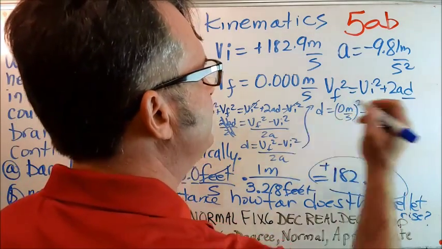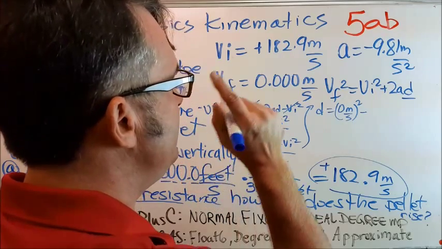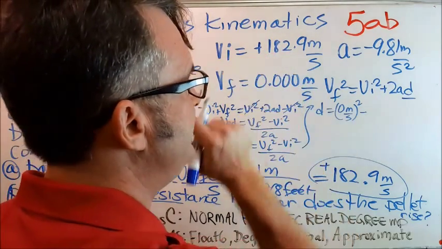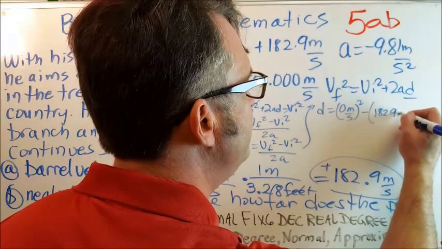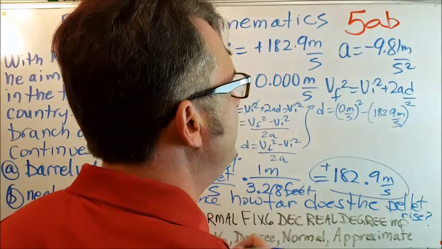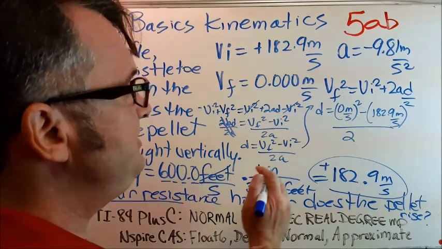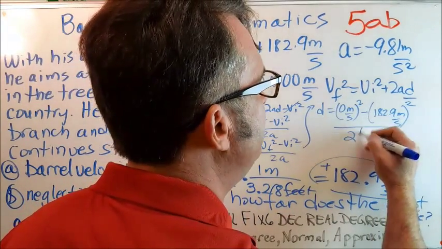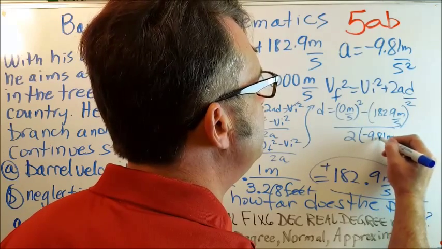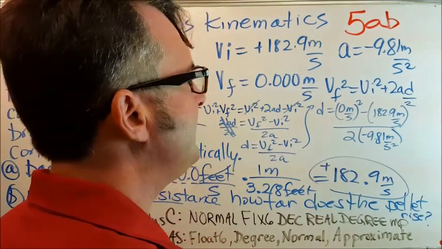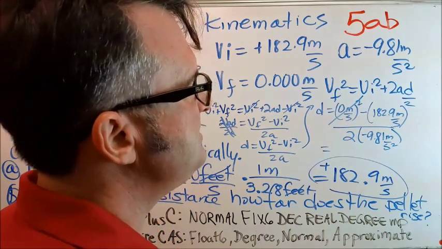We're going to subtract a positive 182.9 meters per second, squared. We're going to divide it by 2 times the acceleration due to gravity. We learned just a minute ago that we can use negative 9.81 meters per second squared on the bottom. This is going to drop out because 0 squared is 0.